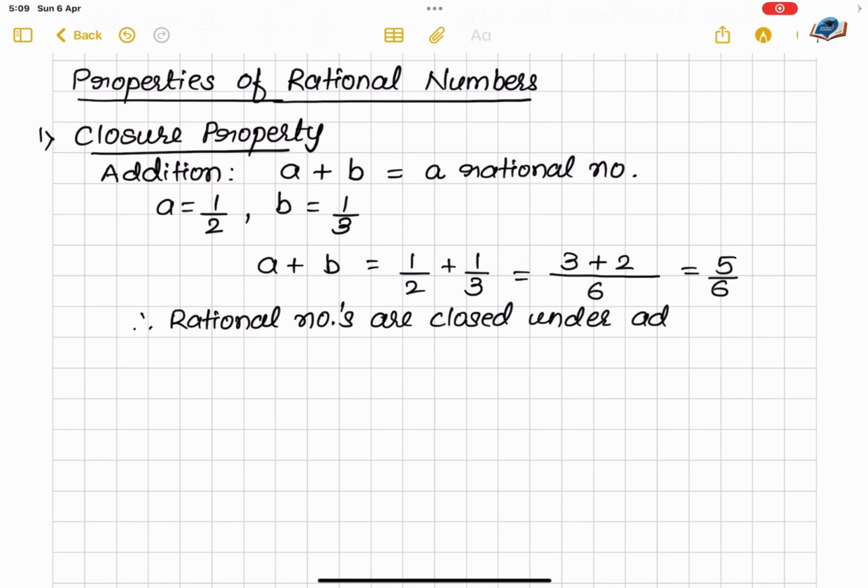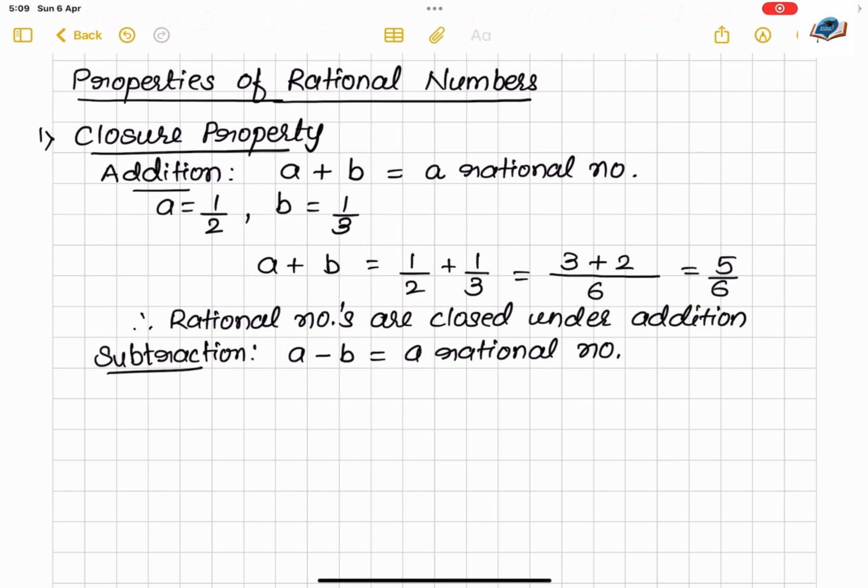Now, let us do it for subtraction. Let us take again two numbers. A minus B should be a rational number. Now, A equal to 1 by 2, B equal to 1 by 3. So A minus B will be equal to 1 upon 2 minus 1 upon 3.